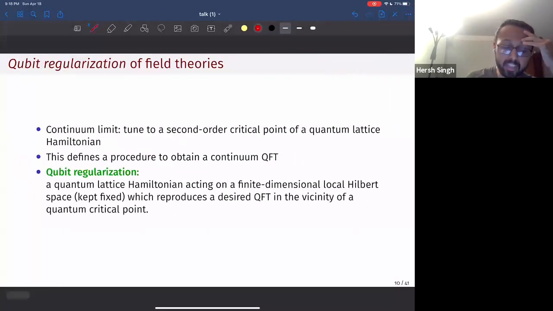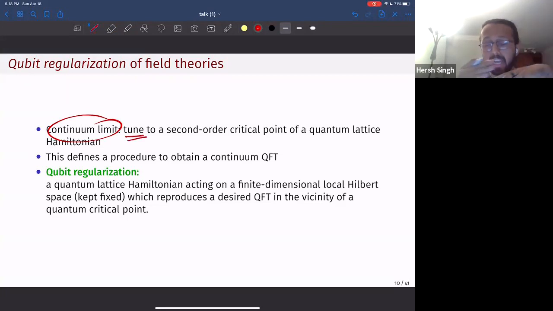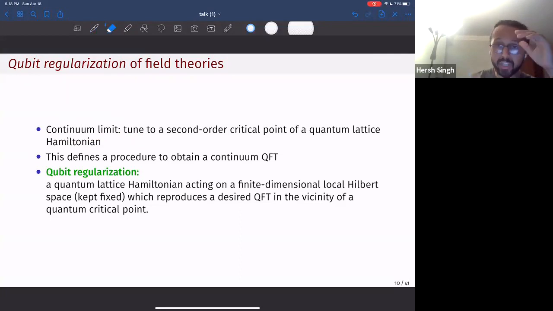So in that picture, to get a continuum limit, you have a quantum lattice Hamiltonian, and you tune yourself to a second order critical point. That describes a very clean procedure to get a continuum quantum field theory, as long as you're tuned correctly. In order to distinguish this notion of getting the right quantum field theory without going through the traditional lattice regularization, we use the term qubit regularization.